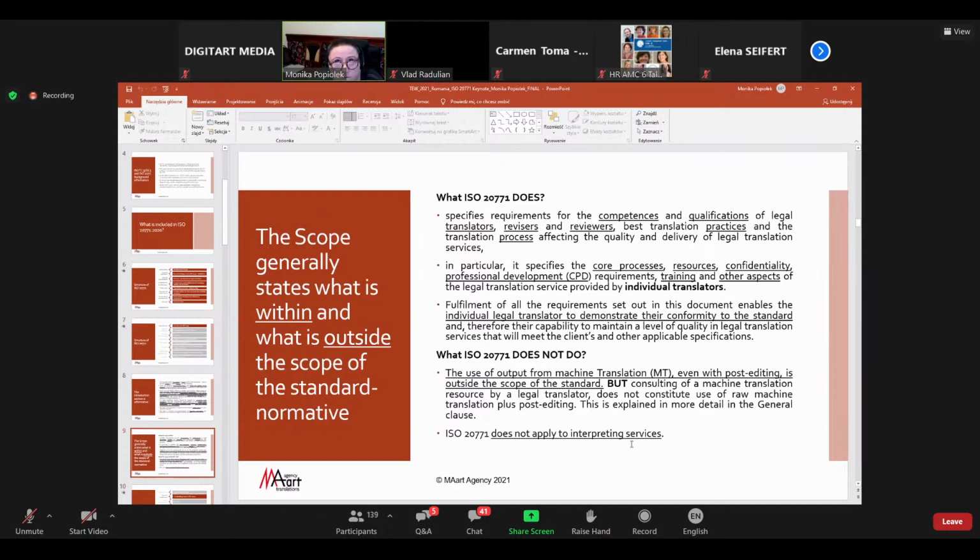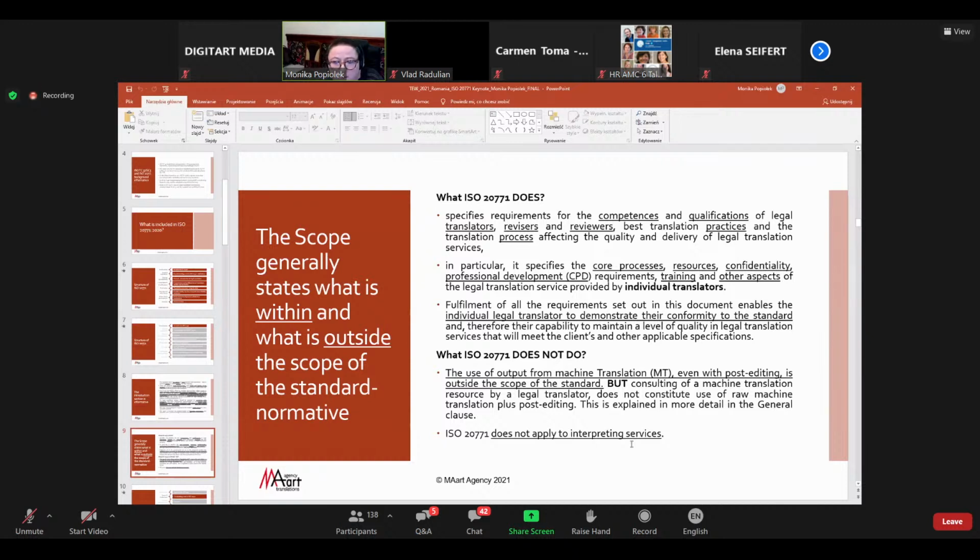In other words, what we meant by this is that if you process your content through some sort of a machine translation engine, and then you just sit down and start post-editing it, that doesn't work for legal translation, or it might work for legal translation somewhere, but it will not work for this standard. This standard does not cover it. It's outside the scope.